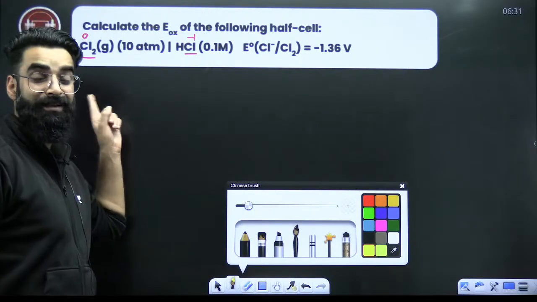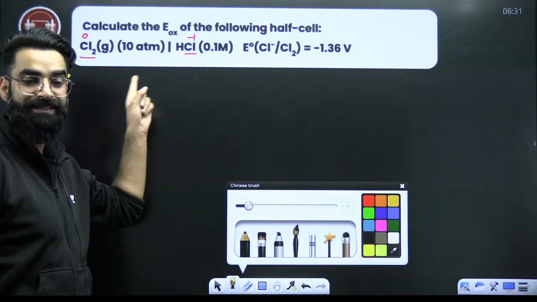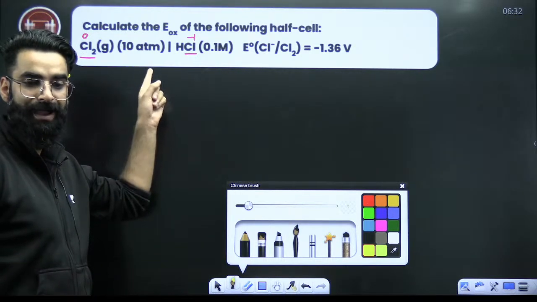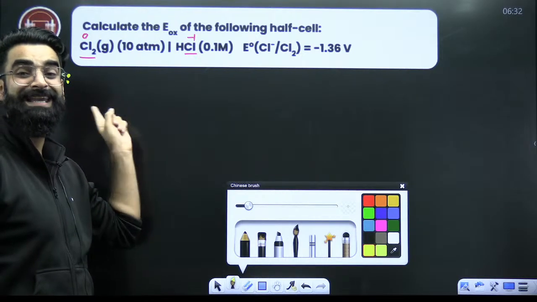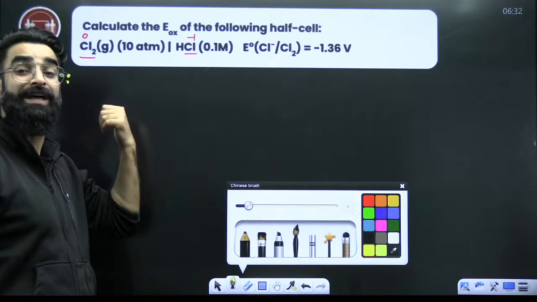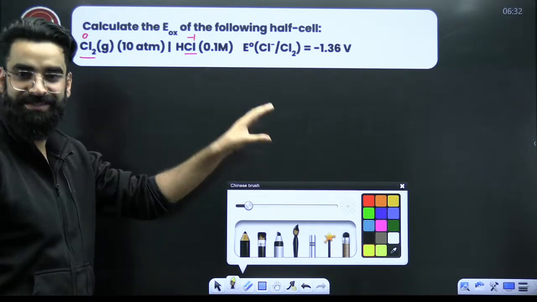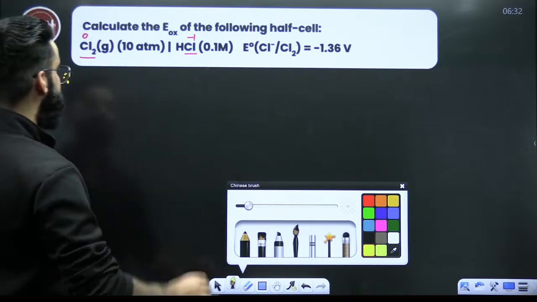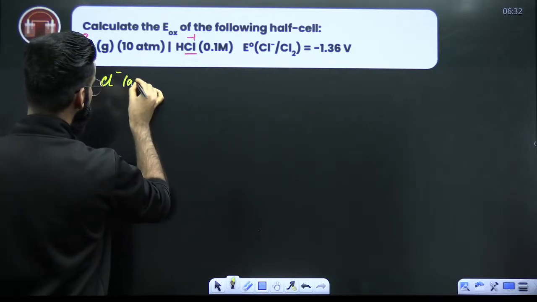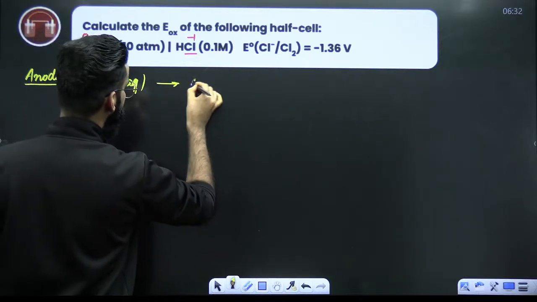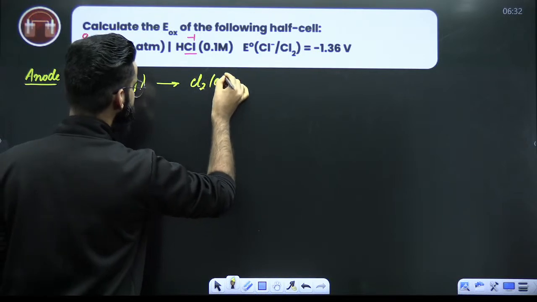Since I'm making sure that the electrode behaves like the anode, at the anode oxidation takes place. Oxidation means an increase in the oxidation state. So through the reaction, I have to show that the oxidation state is increasing. For that purpose, I have to write Cl negative giving Cl2 gas.